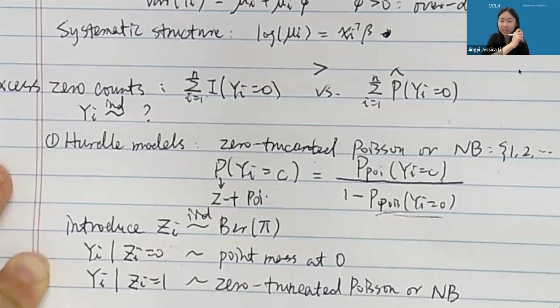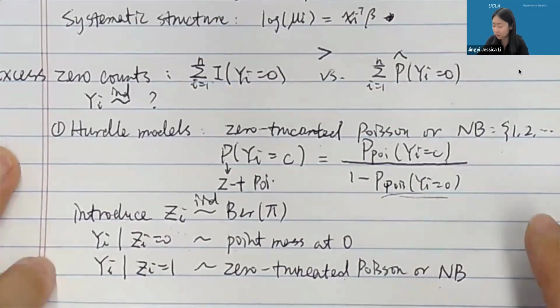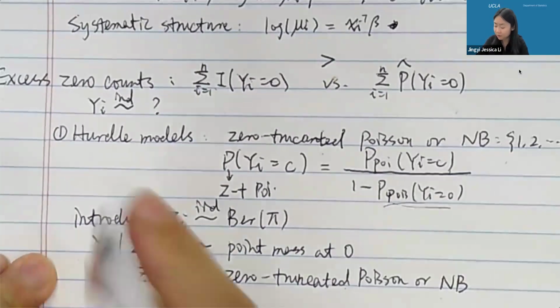So that gives the second type of model, the zero-inflated model, which means that we don't truncate Poisson or NB, negative binomial. We just keep the Poisson or negative binomial, and we add 0 to it. That's the second formulation.